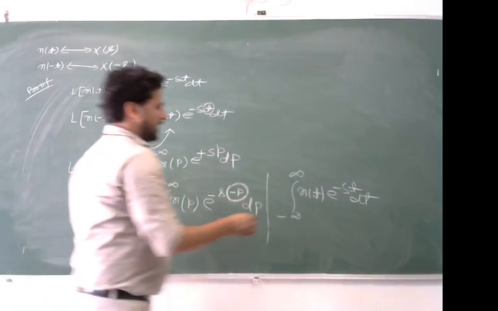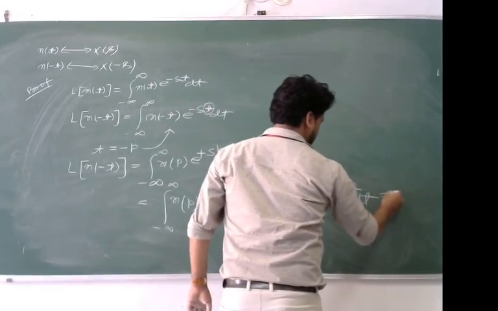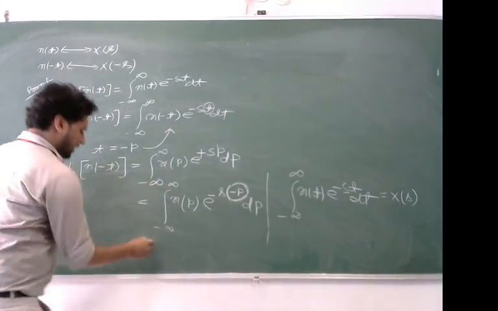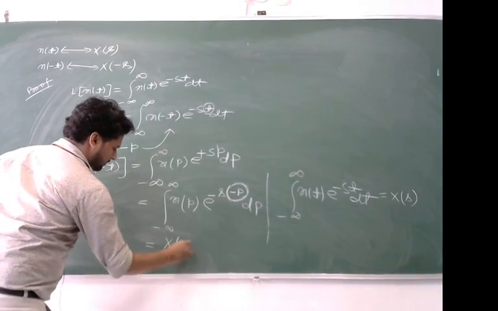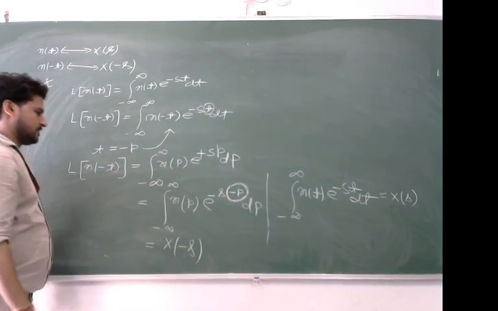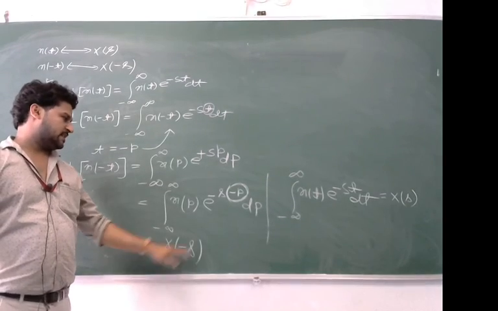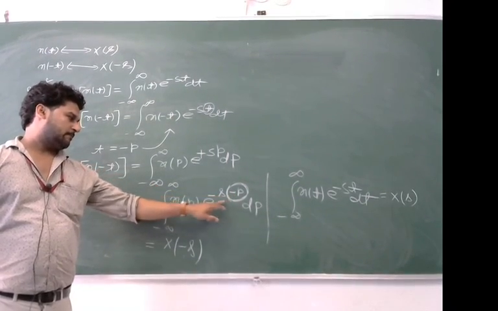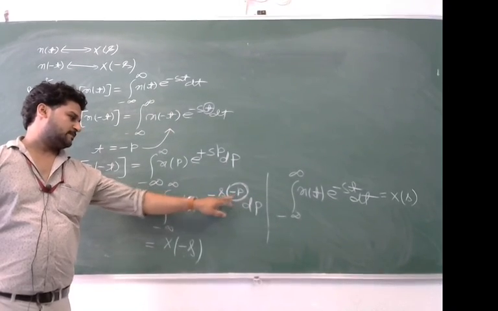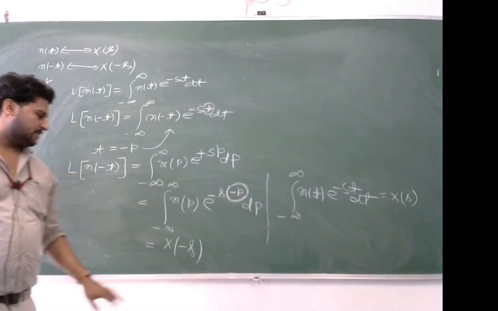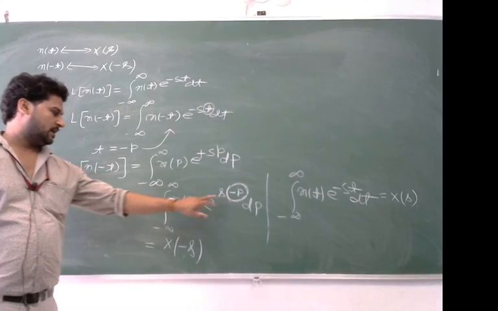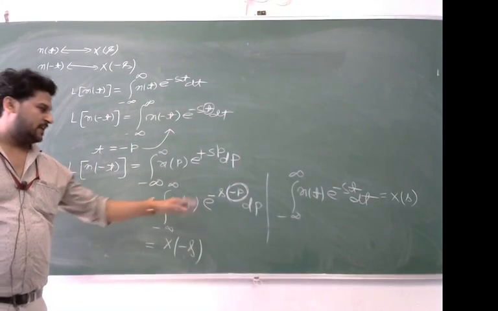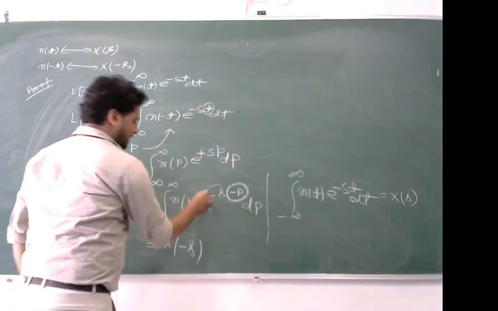So if X of s is written in this form, then this will be the Laplace transform of x of minus s, because in place of t here it is minus s into minus p. So in place of t here it is minus t, or we can say it in another way that in place of s here it is minus s.